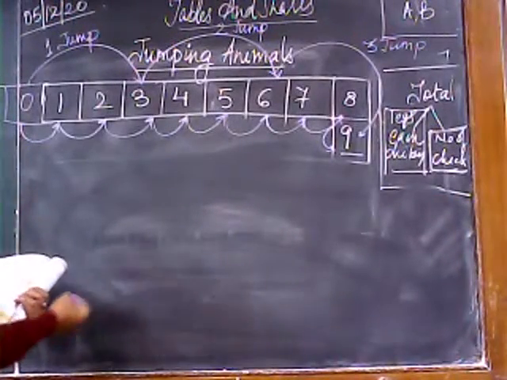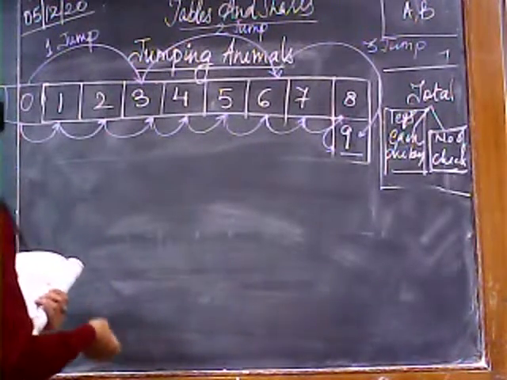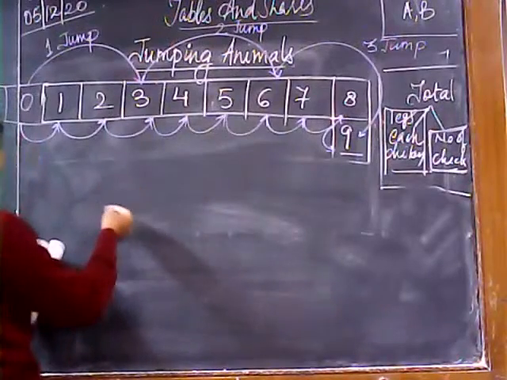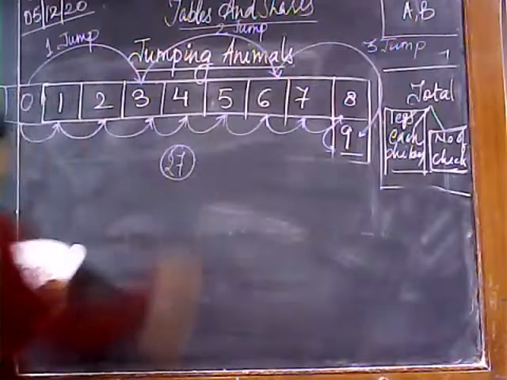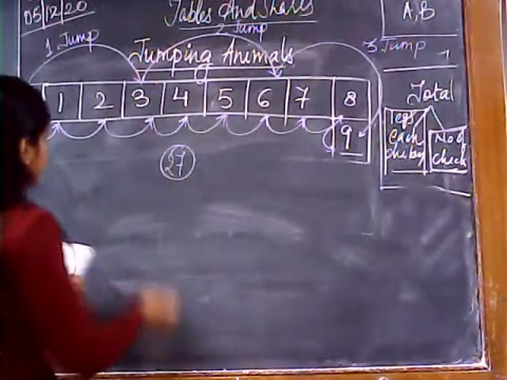So we are given a task to find how many jumps he made. So where does he have to reach? He has to reach the number 27, and he knows that the frog jumps 3 steps at a time.